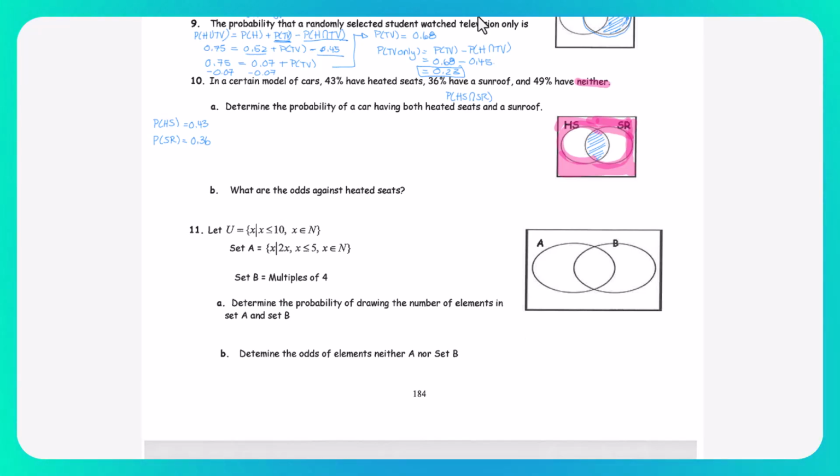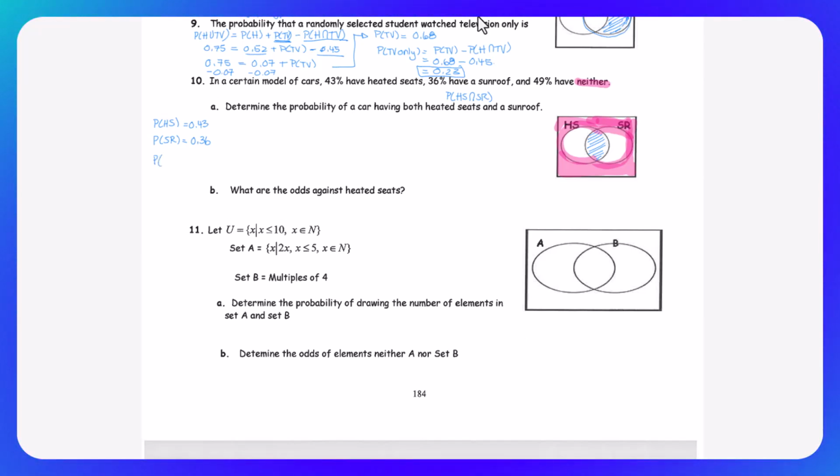So if that is neither, we can write that as the probability that it is not HS or sunroof. It's like being in the complement region. And we know that that is 0.49. So we need to figure out what is the intersection of those.